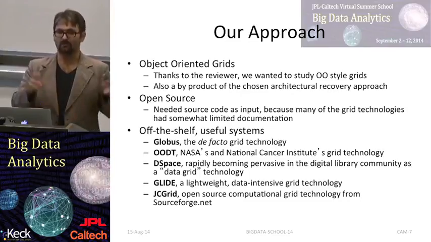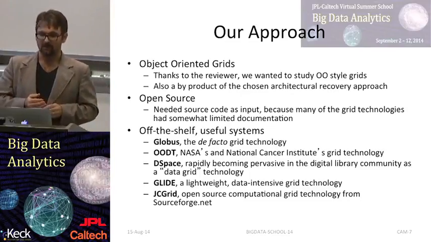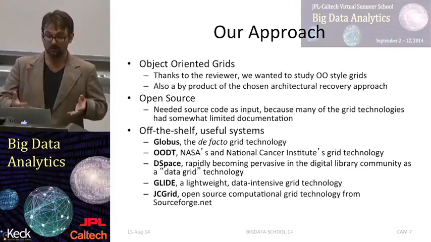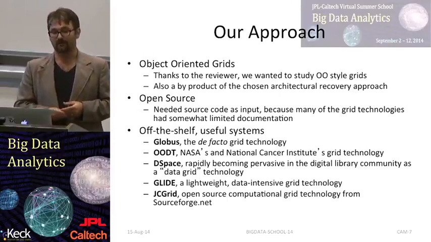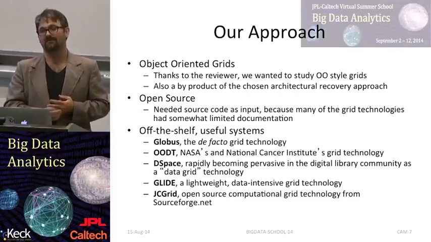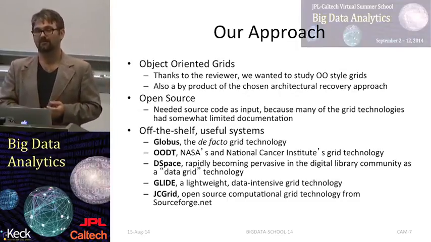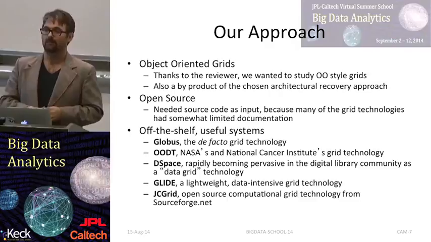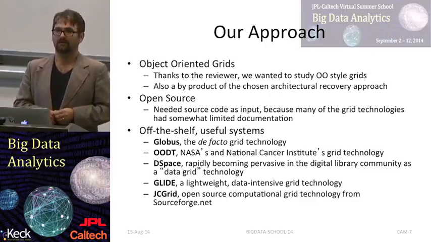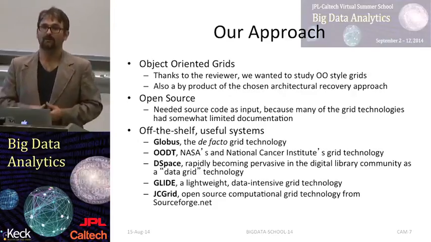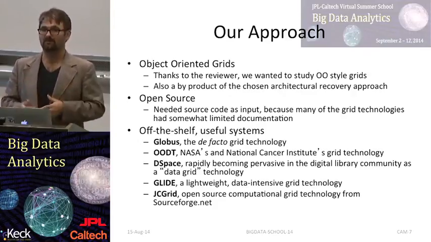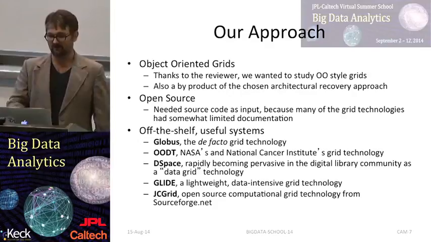We studied Globus, which was the de facto grid technology at the time, OODT, DSpace, GLIDE, our own technology, because we wanted to put it to the test. We were building it, and something called JCGrid. Those were the initial 5 technologies that we studied in 2005, 2006, having since expanded the study to include over, like I said, 20 grid technologies circa 2009, 2010, including Hadoop, things like Wings, Pegasus, and so on and so forth, some more modern technologies.